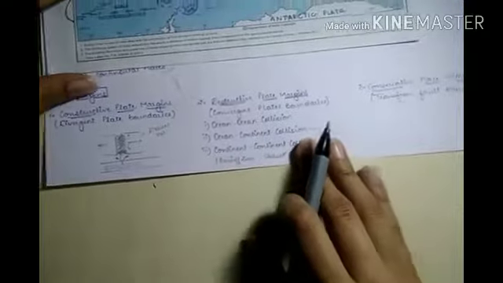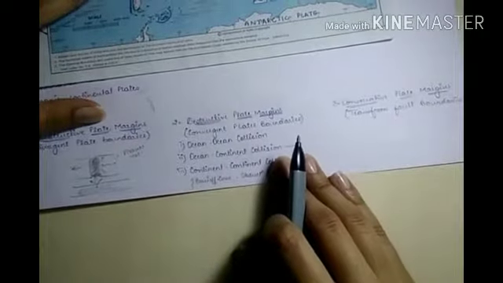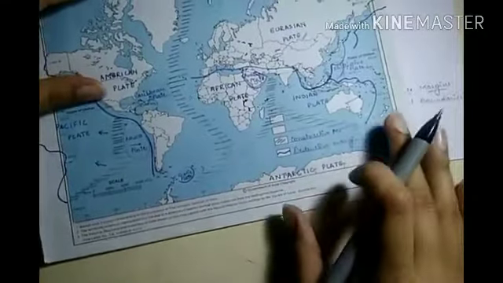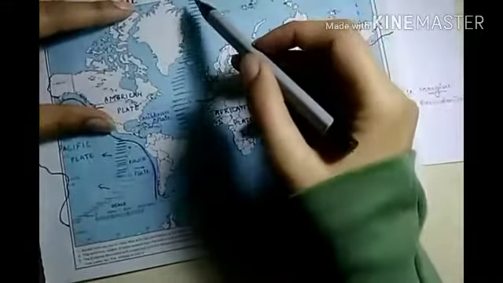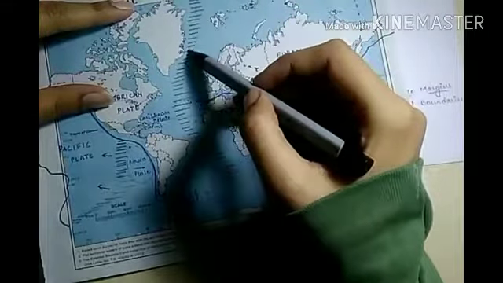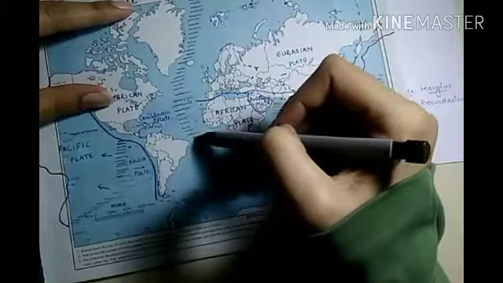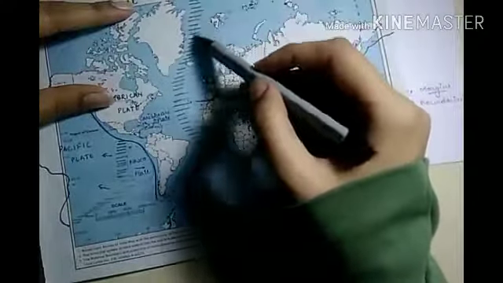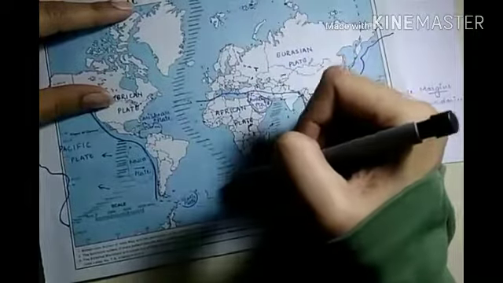Now, the next plate margin is destructive plate margin. First, we will see where we have constructive plate margin. So we can see this whole area here. This is mid-Atlantic ridge, and here we have constructive plate margin.